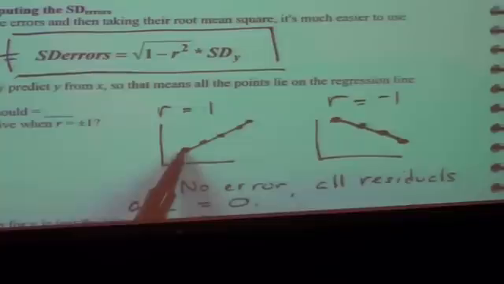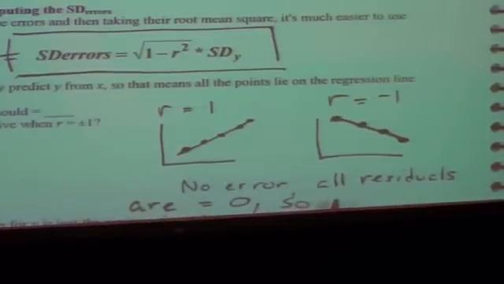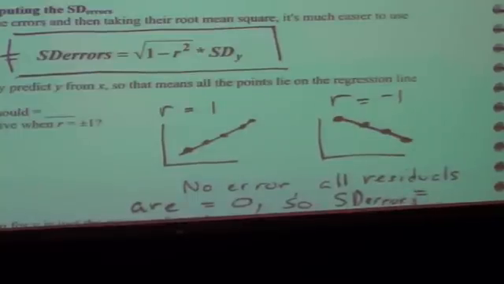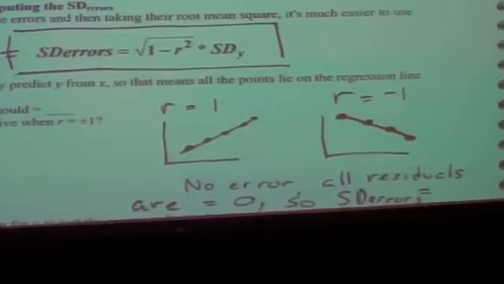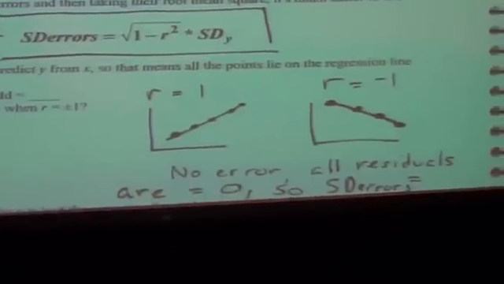There's no distance above or below the line. So the standard deviation of the errors, if you have a list of numbers that are all zeros, what's the standard deviation of that list? If every single error is 0, do they vary at all? The typical size is 0. So the standard deviation of the errors is just 0.